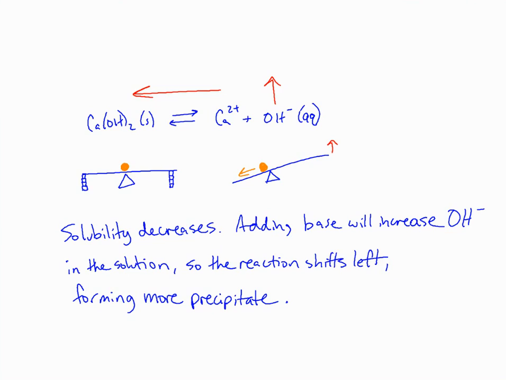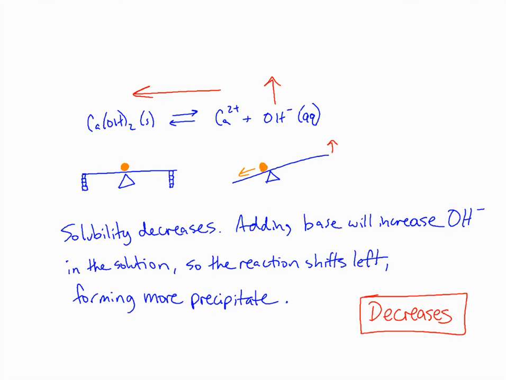Notice that when an ion of the salt is already present in a solution, that would be this hydroxide, the solubility of the salt decreases. Adding a common ion decreases solubility.